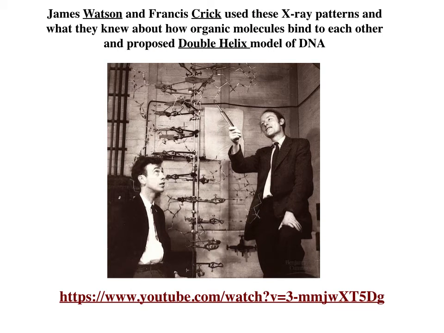The link at the bottom of this page is a nice little 10-minute video on that whole history, and also on some of the history of the experiments that we've already talked about up until this point.